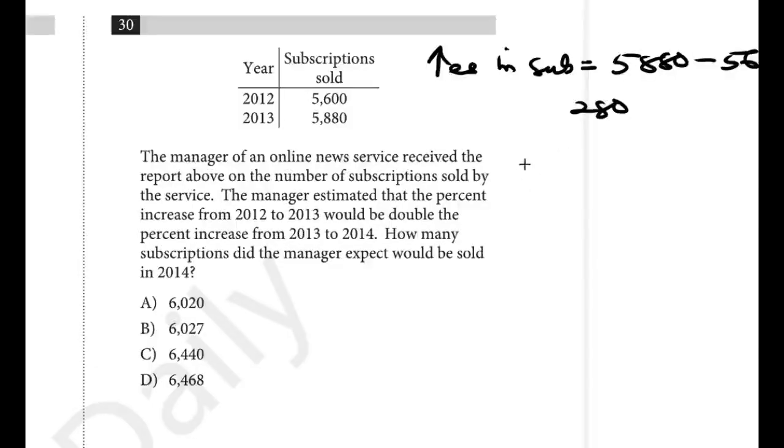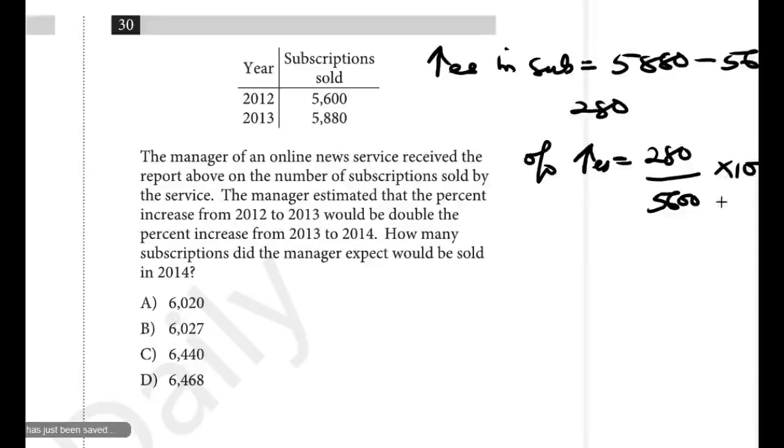All right, so the percentage increase will now be 280 over 5,600 times 100, and this is going to give us 5%. Now, the percentage increase from 2012 to 2013 is 5%.